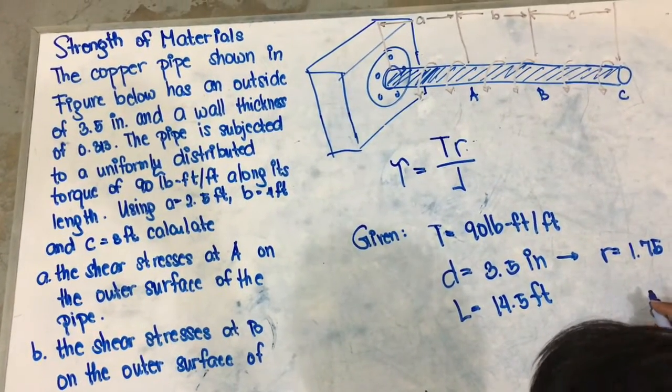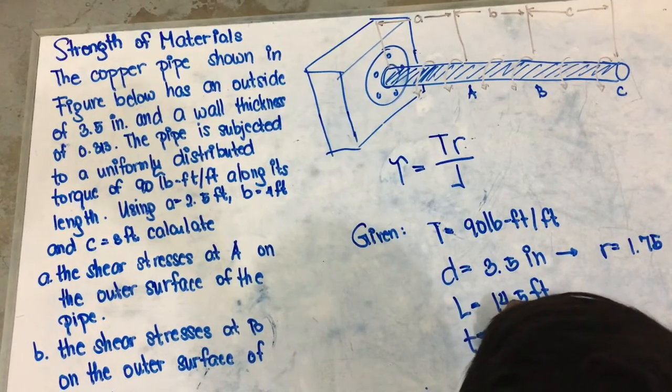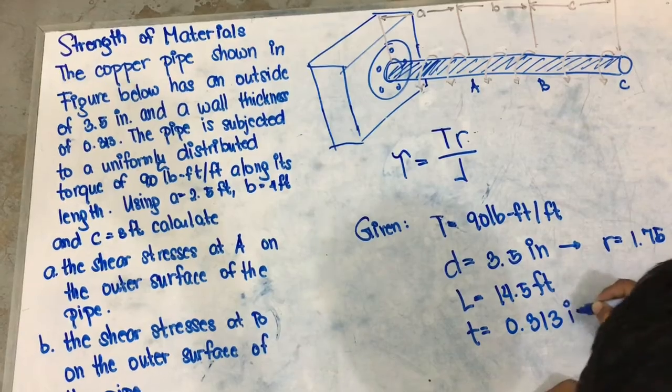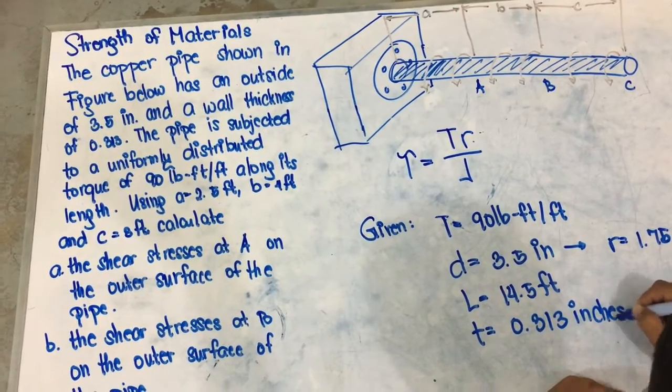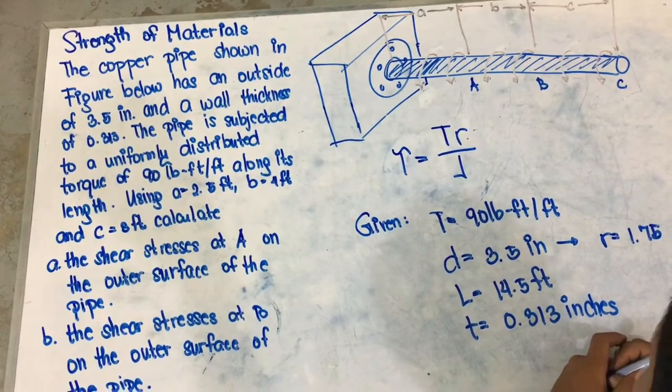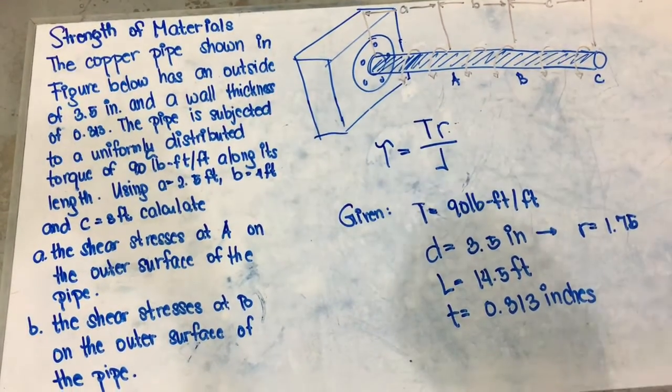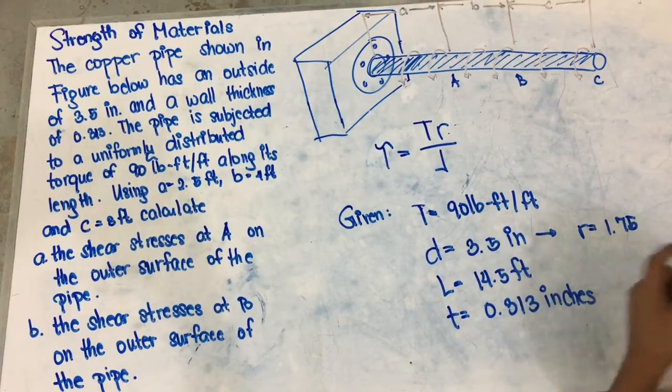Another given is the thickness of the pipe, which is 0.313 inches. Now, we only need the single torsion, the radius, and the polar moment of inertia.